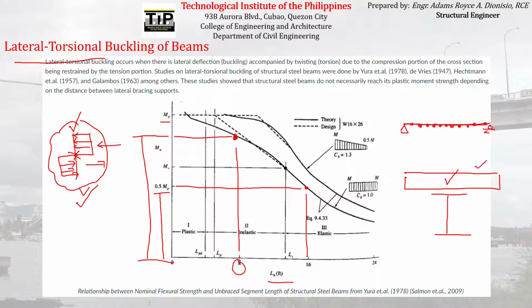Instead of putting individual bracing using another beam like this, you can put lateral bracing using a slab. Unlike here, where the lateral bracing is just provided at some specific points along the length of the beam.